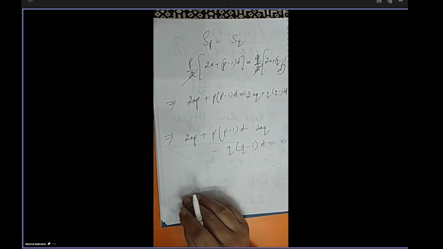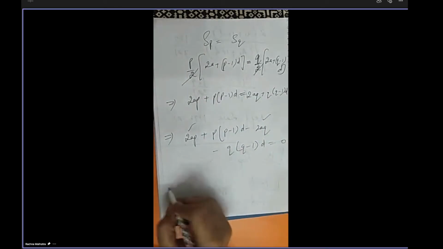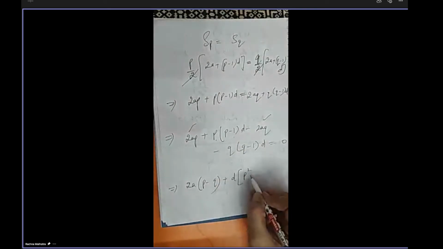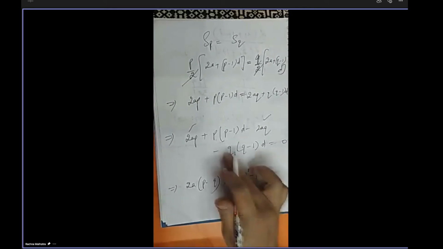Any suggestion from your side? Ma'am, take 2a common from 2aP and 2aQ. Yes, we can take out common 2a, so this is P minus Q. Any other common term? d. Plus d into P square minus P minus Q square plus Q.